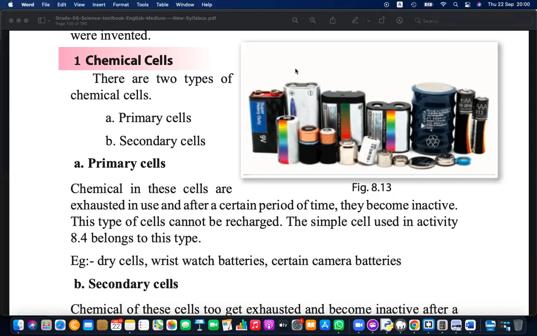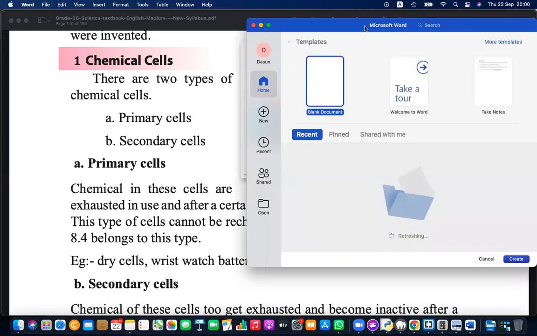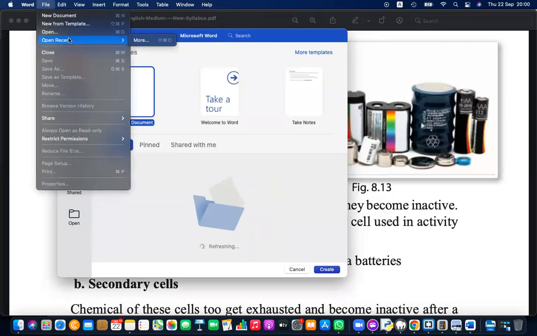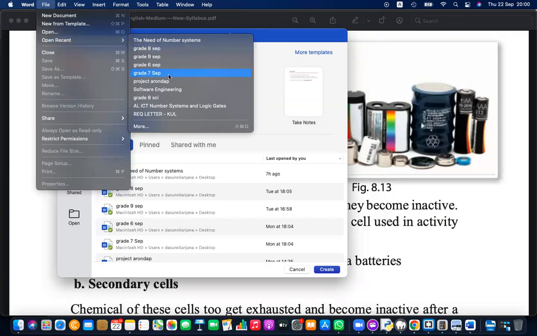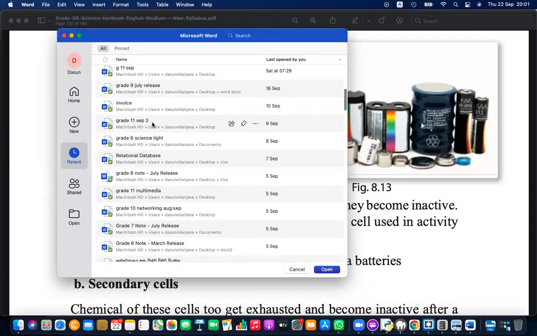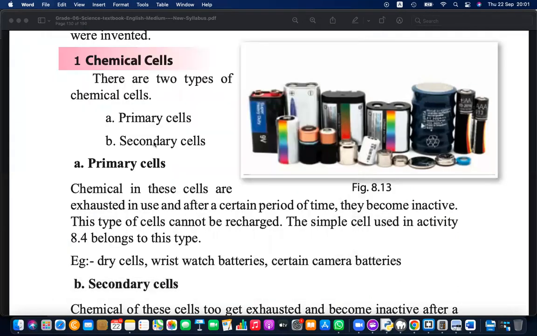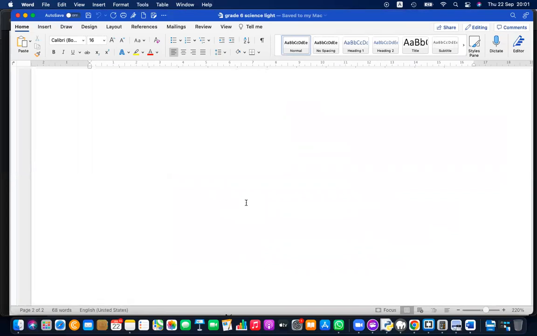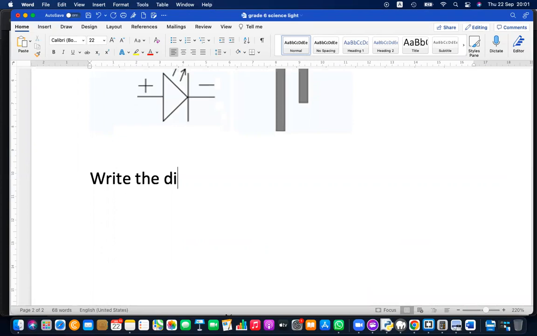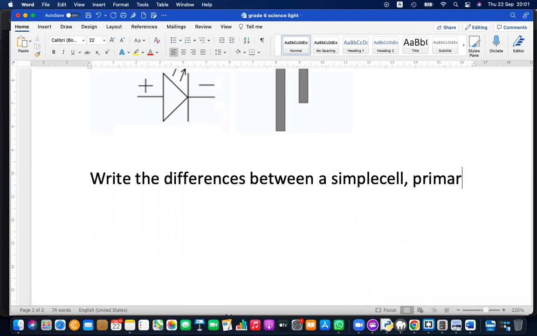Write the differences between simple cell, primary cell, and secondary cell batteries.